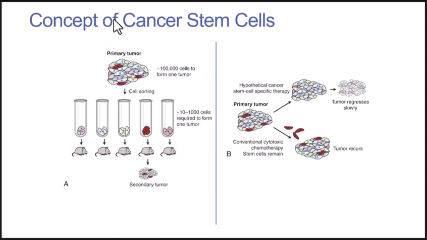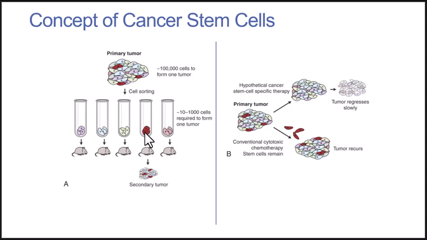I'll now discuss the concept of cancer stem cells. If we look at a primary tumor and we break it into its different components as shown here, called cell sorting, you can see that this type of cell here represented in red is the cancer stem cell. And this can become a secondary tumor.